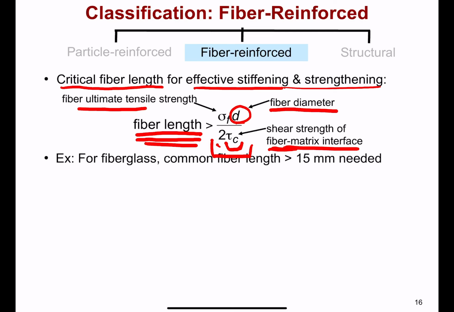good. So for fiberglass, given the typical properties that we have for including fiberglass in polymer matrix composites, PMCs, typically the fiber length must be 15 millimeters or 1.5 centimeters or greater to have effective stiffening and strengthening in the composite.